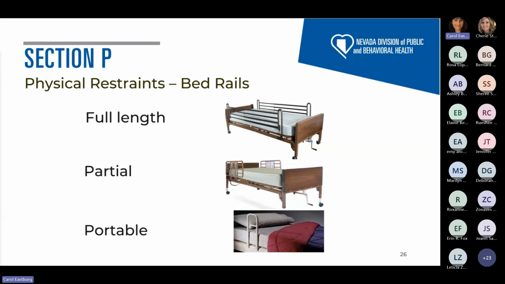Partial bed rails may be used to assist the resident to get out of bed independently, and so-called portable ones are designed specifically to assist one in and out of bed as well as positioning. Unfortunately, all three types present certain risks. The U.S. Food and Drug Administration, or the FDA, has identified what they call the 7 zones of entrapment. Bed rails may have the effect of restraining one individual, but not another, depending on the individual resident's conditions and circumstances.